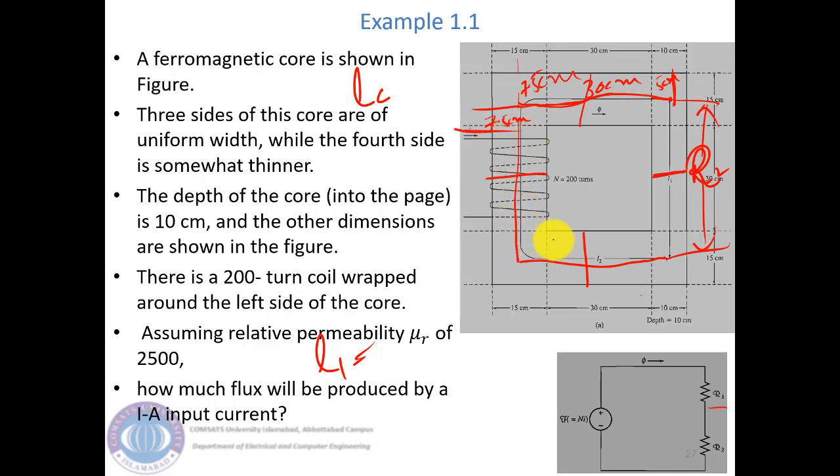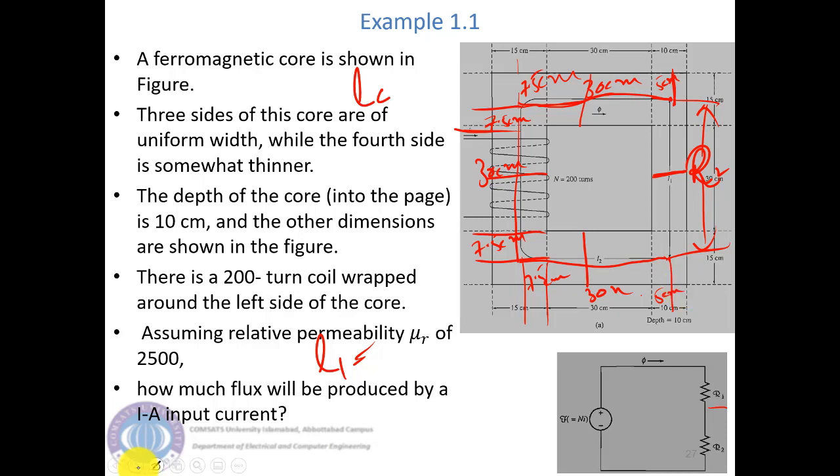And this length is given as 30 centimeter, so this will be 30 centimeter. Again this mean path length will be 7.5 centimeter, this will be 7.5 centimeter, and this will be again 30 centimeter, and up till this point we will have again this 10 centimeter, so half of this will be 5 centimeter.